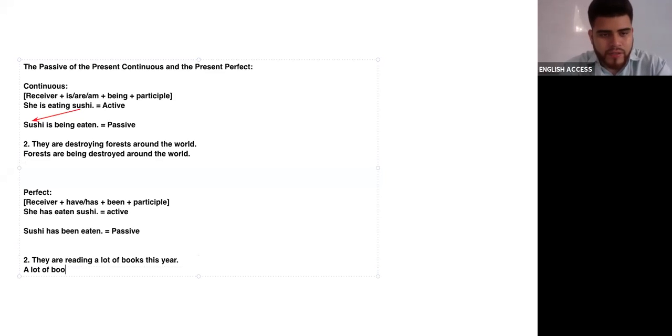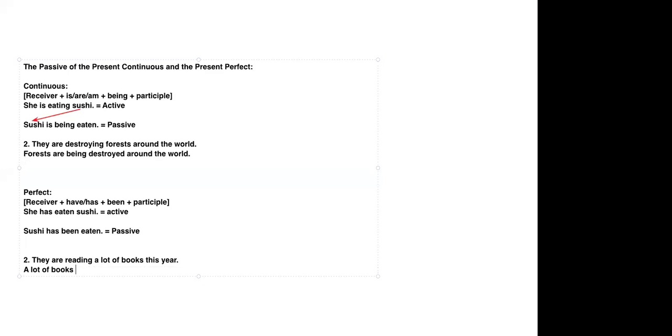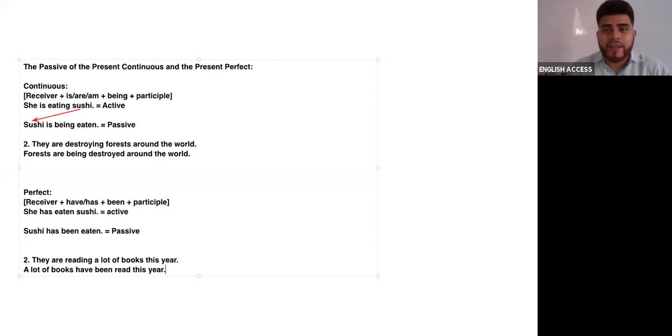A lot of books. Have been read. Yes. This year. A lot of books have been read this year. And this is how you make the passive sentences with the continuous and the perfect form.